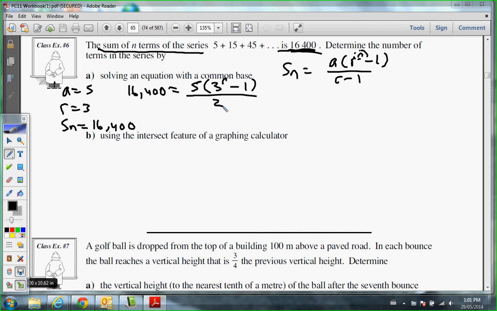And so we're just going to solve for the N. When you get to the end, you're going to have to kind of guess and check a little bit. Okay, so I'm going to times by 2 first. Gives me 32,800.